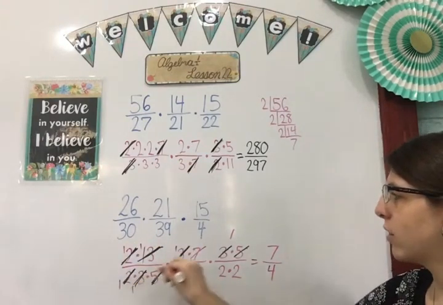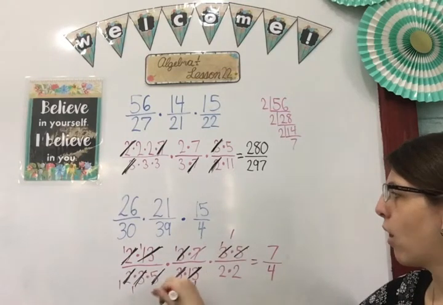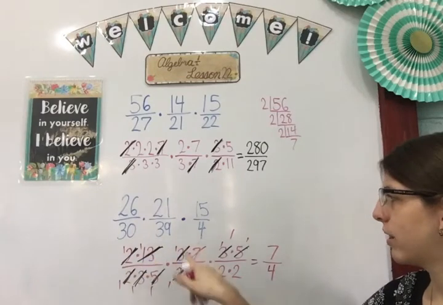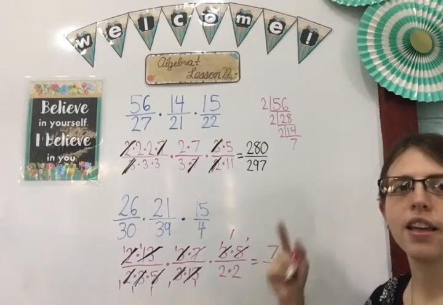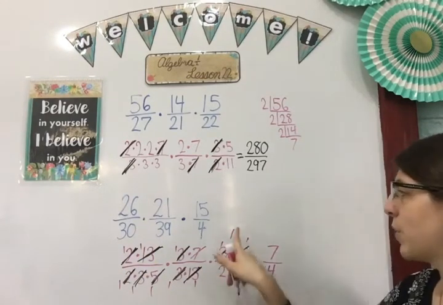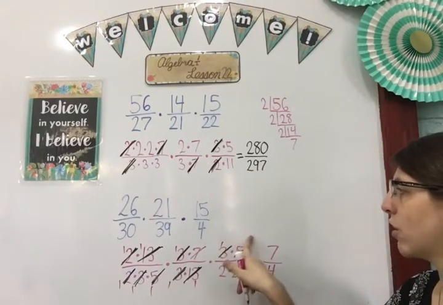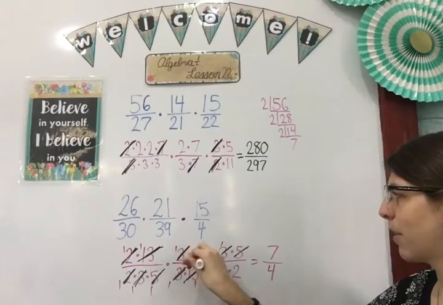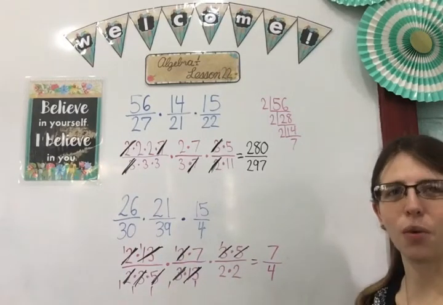All of your canceled numbers become 1. So I would really be multiplying 1 times 1 times 1 times 1 times 1 times 1, which is 1. So if you cancel out all of your numbers, you're left with 1. But that didn't actually happen in this case. We were left with 7, so we had 7 over 4.